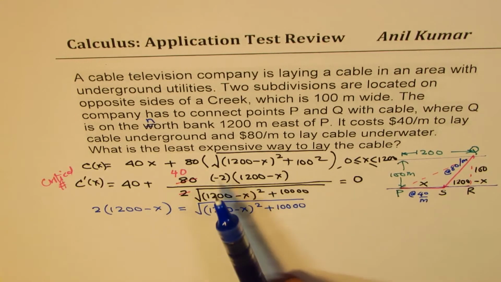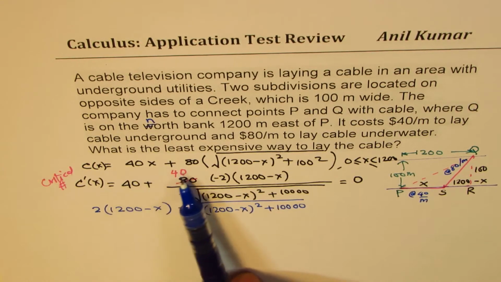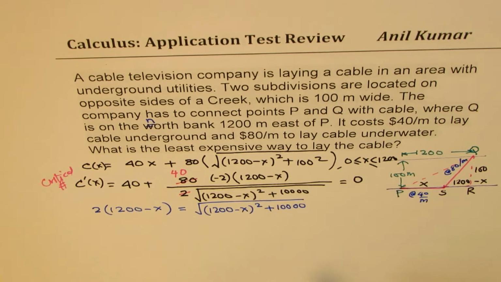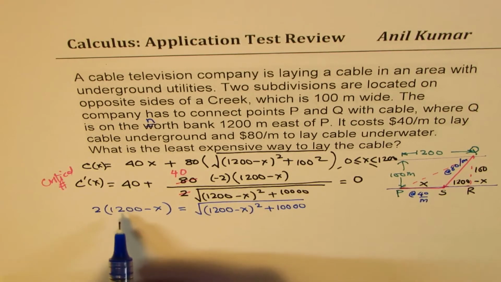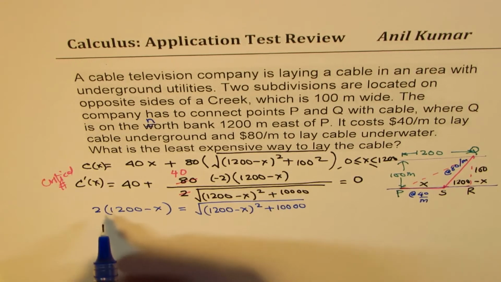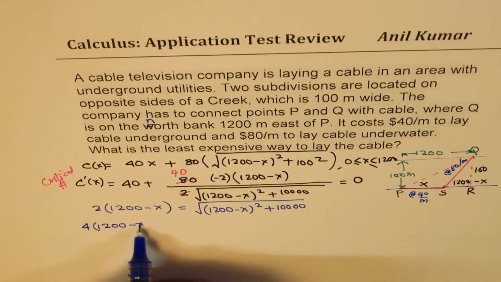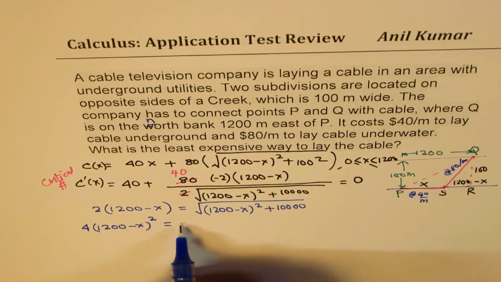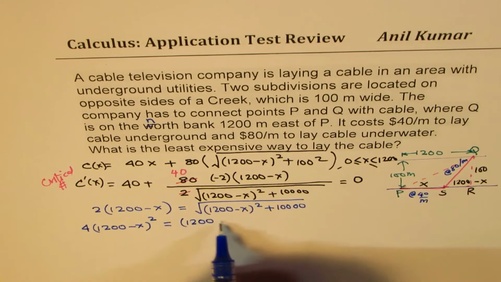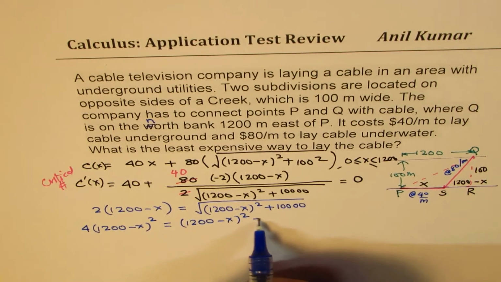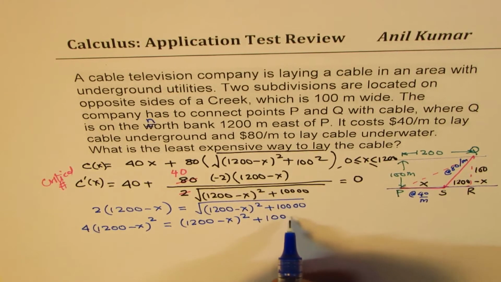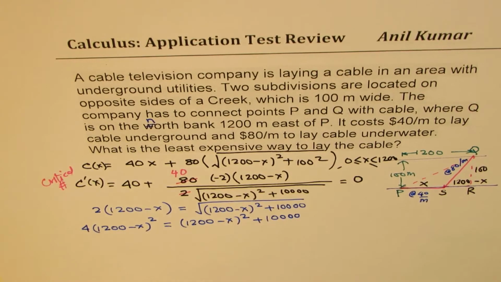So first step, I took this on the right side, then I cross multiplied and also cancelled the 40s. Okay, so this is what we get. Now let's square both sides. If I square both sides, I'll get rid of the square root. So what we get here is 4 times (1200 minus x) whole square equals (1200 minus x) whole square plus 100 times 100.